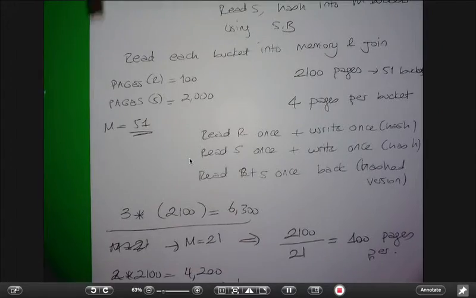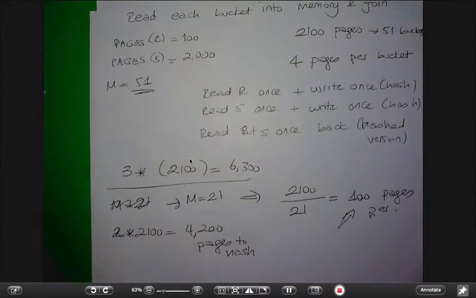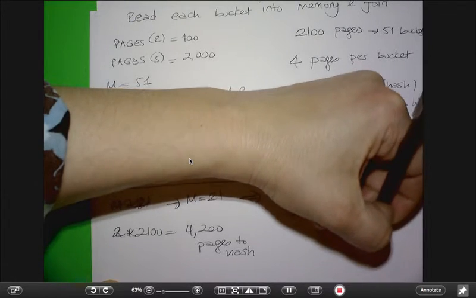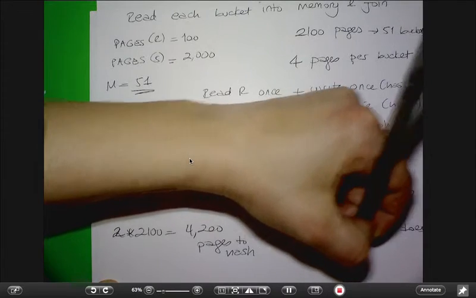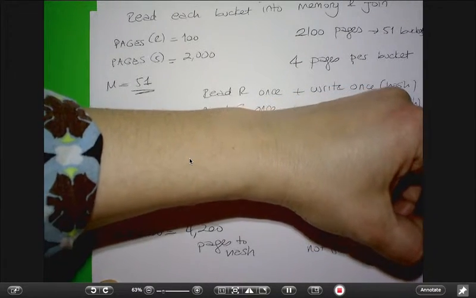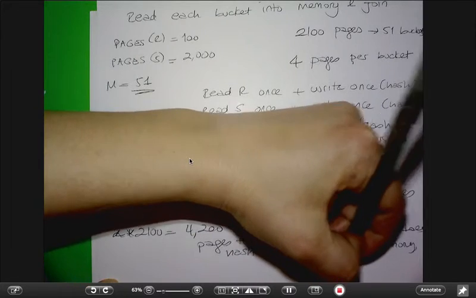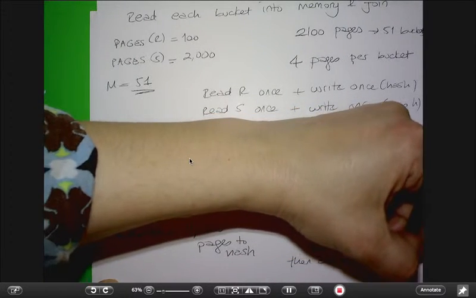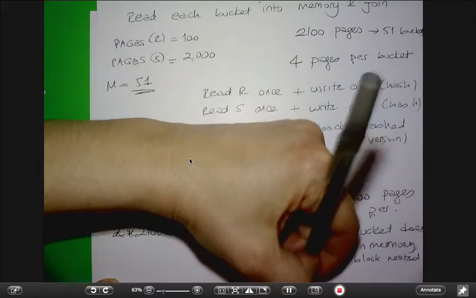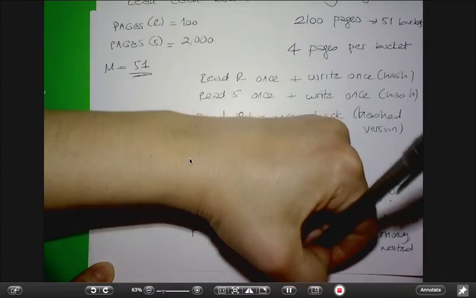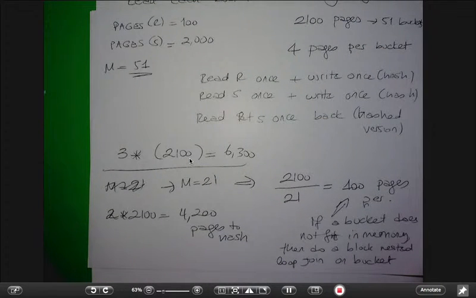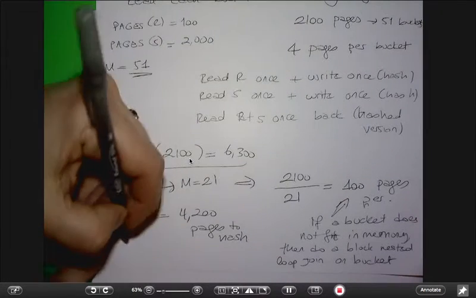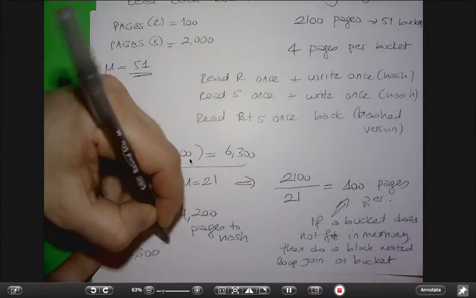So the idea is that if a bucket doesn't fit in memory, then do a block nested loop join. Now, I will not bore you why, but the total cost would still be 6,300.